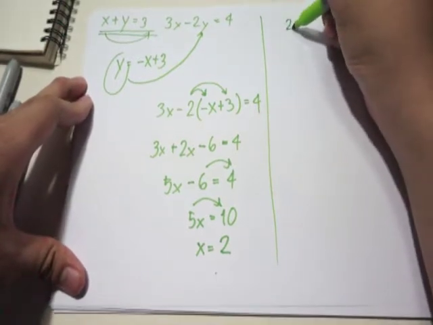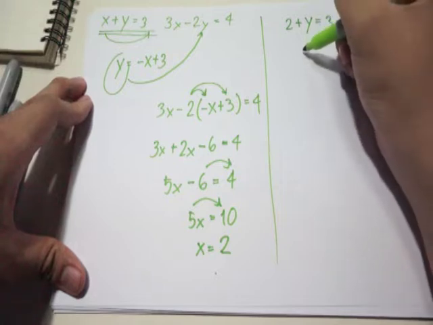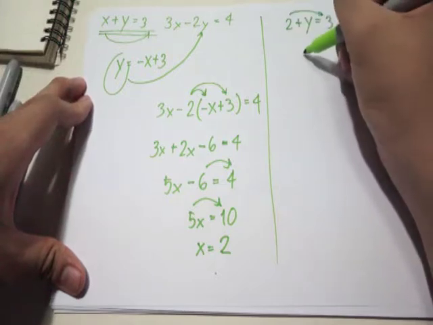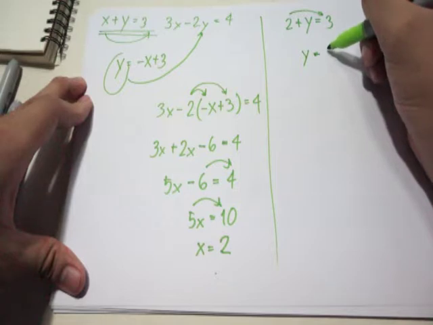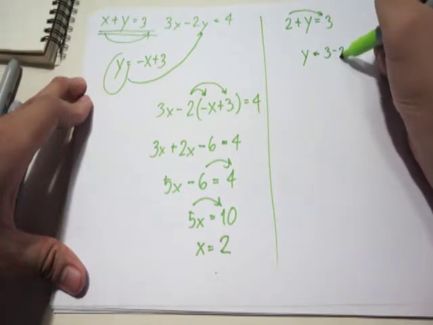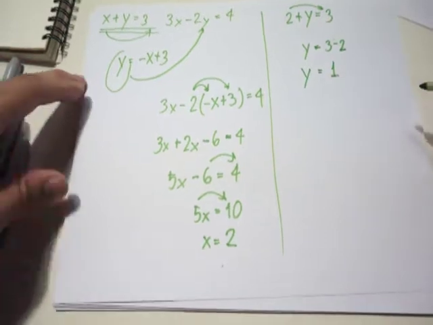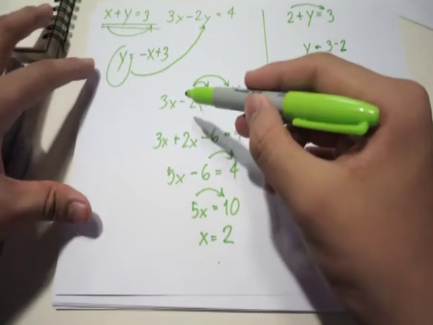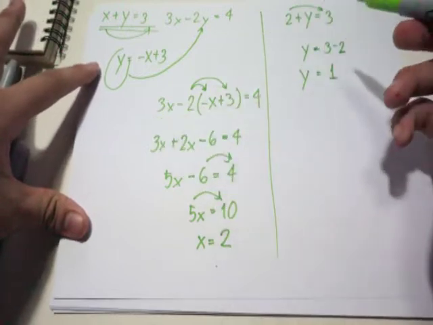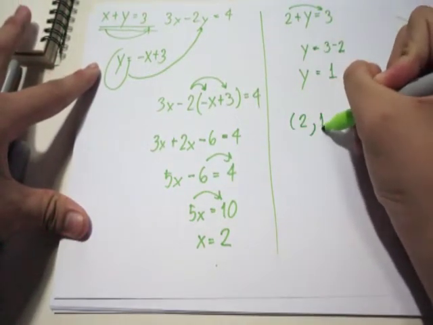We're gonna have 2 plus y equals 3, and then we move 2 to the other side. y will equal 3 minus 2, which is 1. And now we have the intersection point for this equation, which is (2, 1).